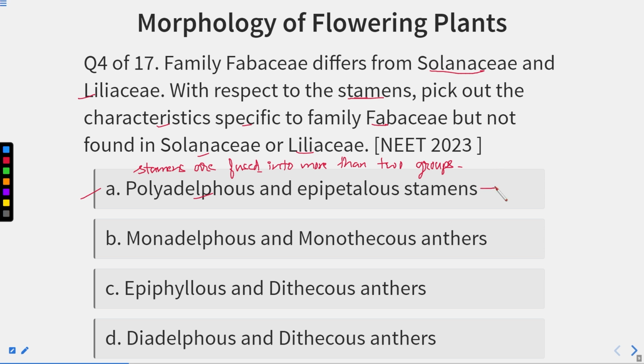Epipetalous. What is epipetalous? Where the stamens are attached to the petals. Now monoadelphous. What do you mean by monoadelphous? Where the stamens are fused together and they form only one group.